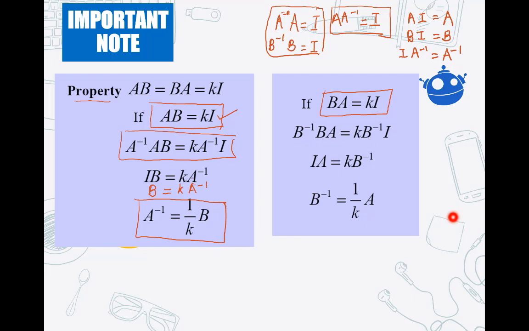Now remember, inverse times its own matrix, B times B inverse, or B inverse times B, will be giving you identity, and any matrix times identity will be giving you back the same matrix. And here identity multiply A will give you A equals K B inverse. So finally, what is B inverse? 1 over K multiply A. So this is property of matrices.